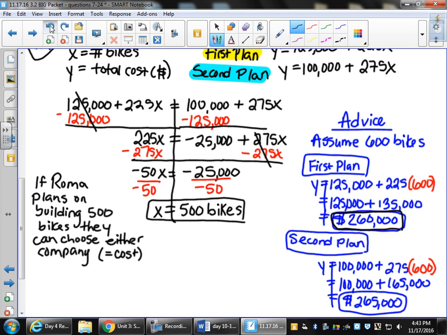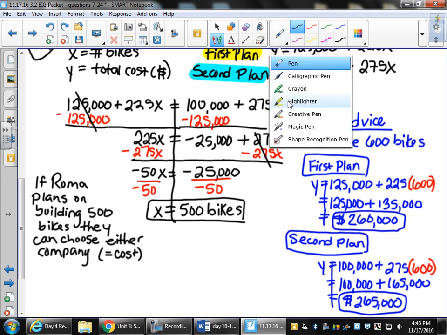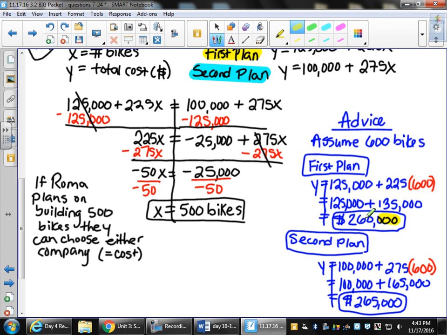Remember, double box it, highlight it, do whatever you need to do to indicate that this is the better choice. It's cheaper. So if the first plan is cheaper for 600 bikes, it will be cheaper for any number bigger than 500.